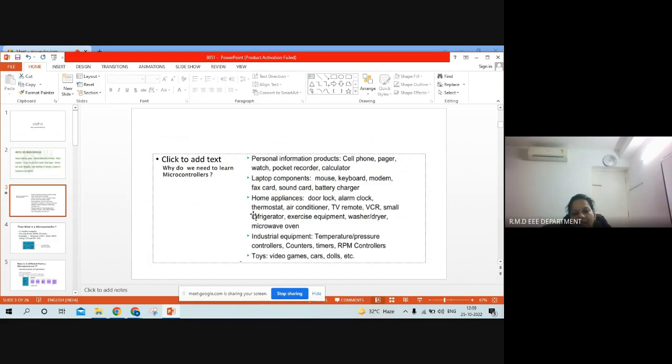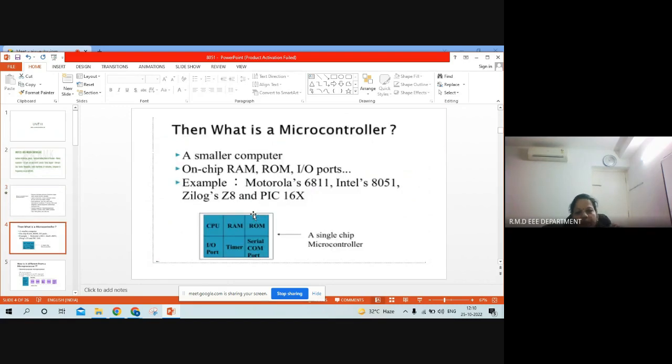So we need to know how the microcontroller plays a vital role in all these things, because daily we use a phone charger, mobile phones, calculator, keyboard, modem, and in some houses a door lock and alarm lock, air conditioner, TV remotes, etc. While we are using such components, we need to know how they function. So let me go for the explanation regarding the microcontroller.